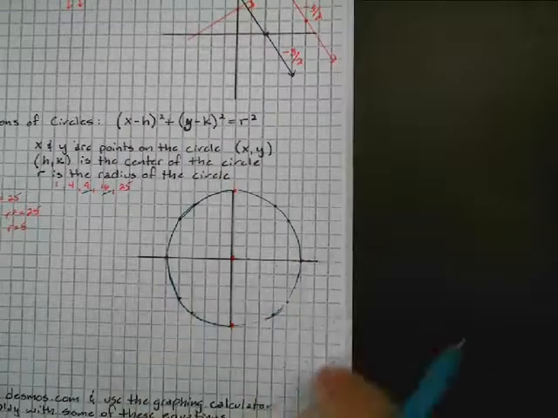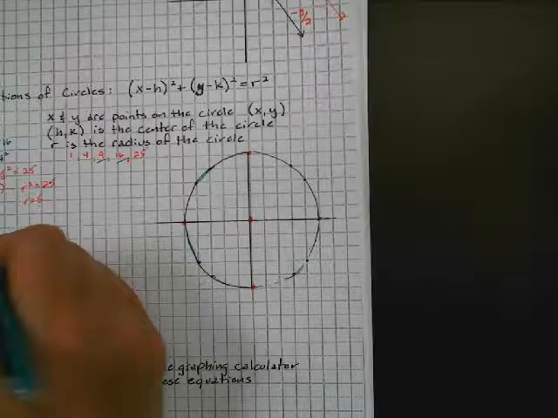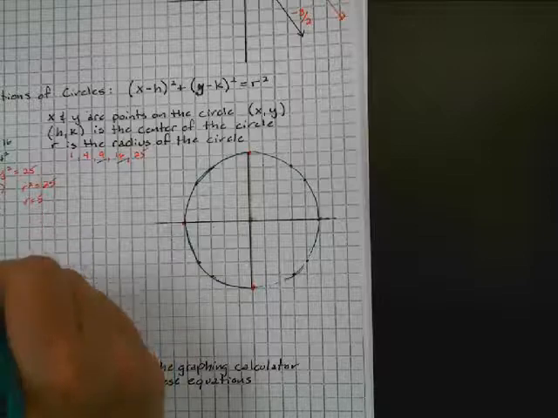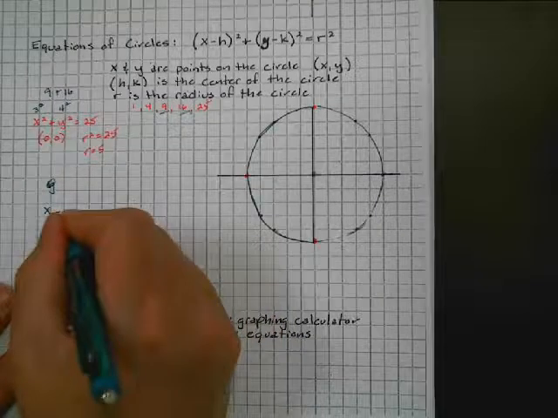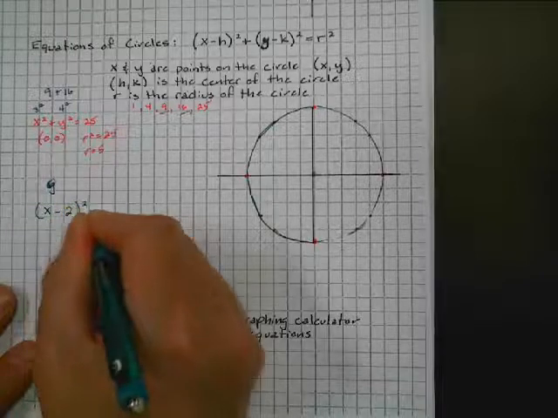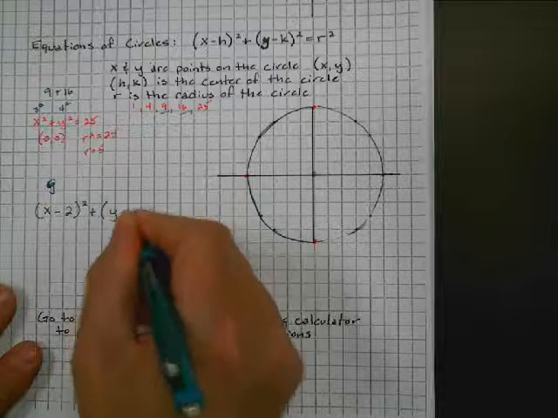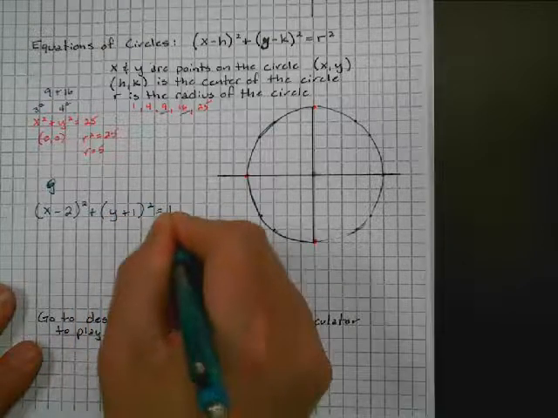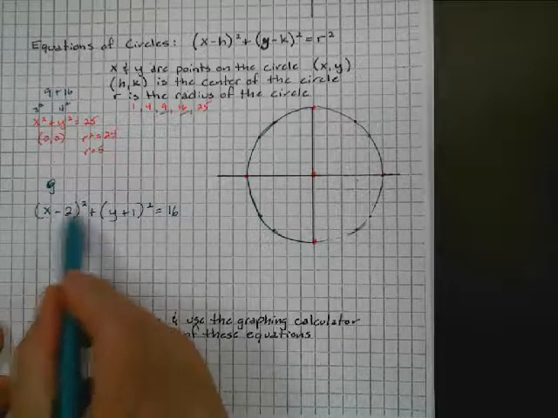All right. So what happens if we've got something like this that says (x minus 2) squared plus (y plus 1) squared equals 16? All right, so now we have h's and k's.